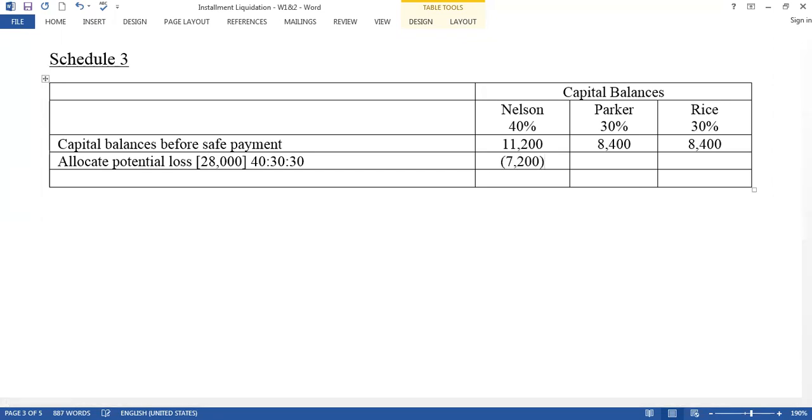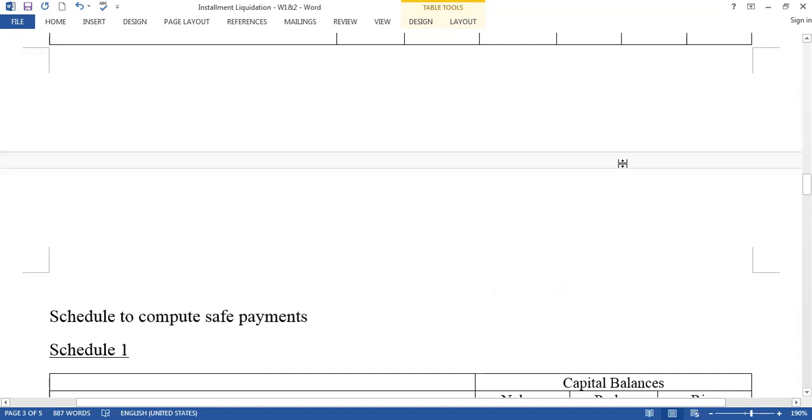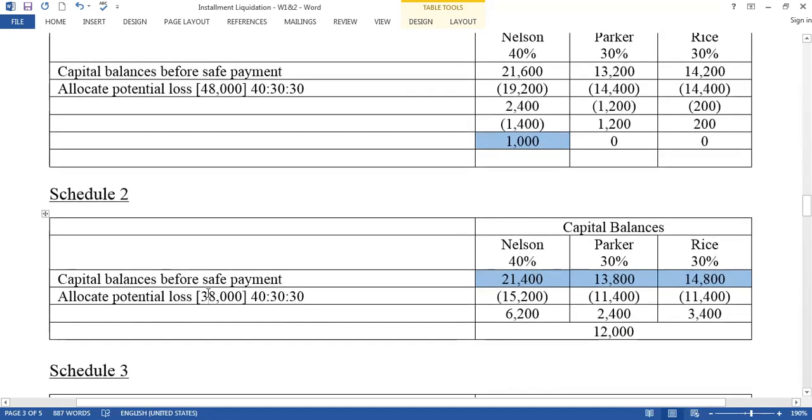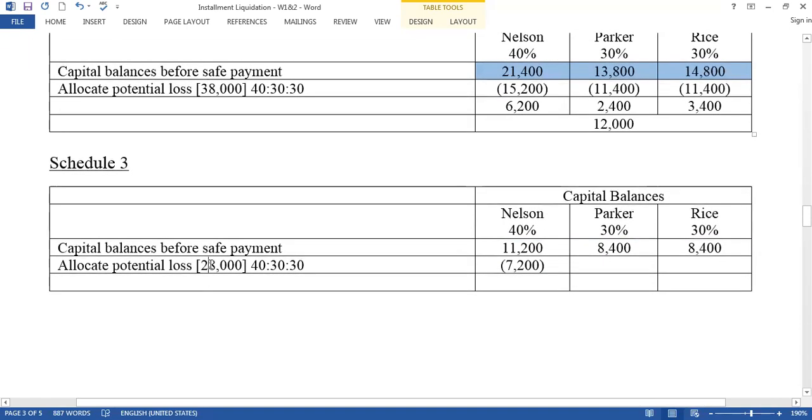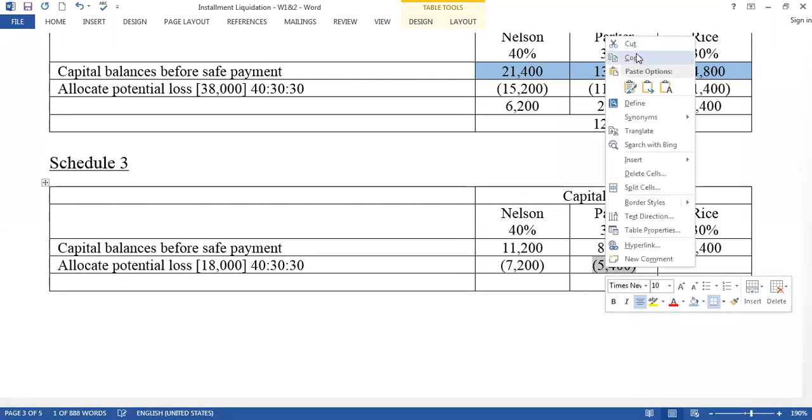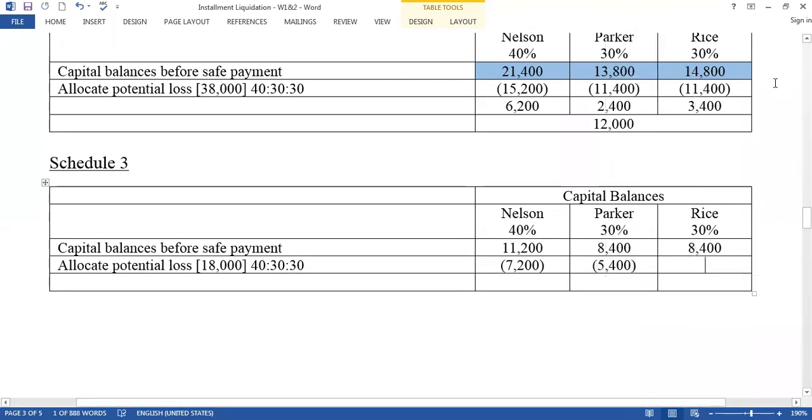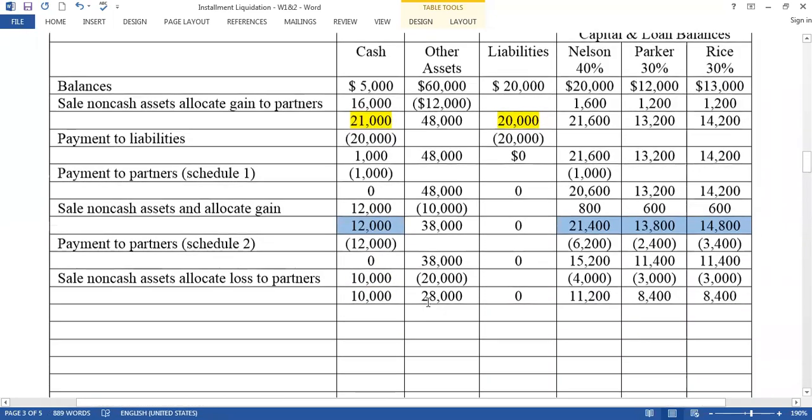This is the loss. 18,000, so this is something like 5,400 and 5,400. 18,000 because 38 and 20.